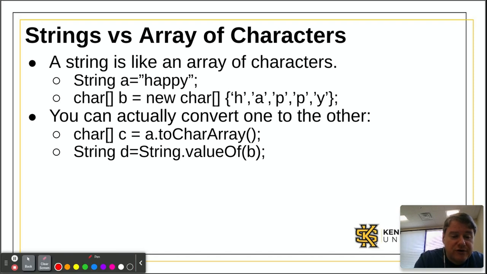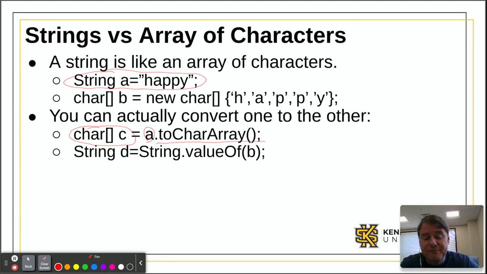We have a new character array, which I'm calling c, and I'm assigning to it a, which as you remember is a string, dot toCharArray. So this is a method or a function that's built into strings that allows you to just convert them into a character array. And it's called toCharArray, which makes some sense. So a.toCharArray gives you back an array of characters, and I'm assigning that to char c.